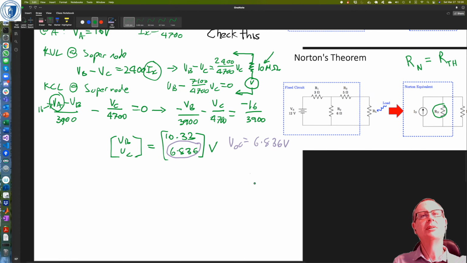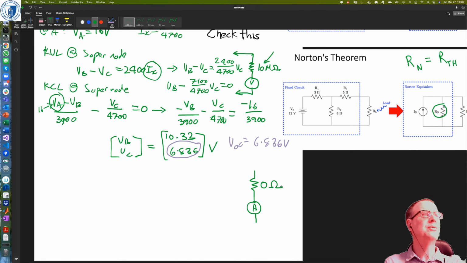An ammeter wants to have as little resistance as possible.